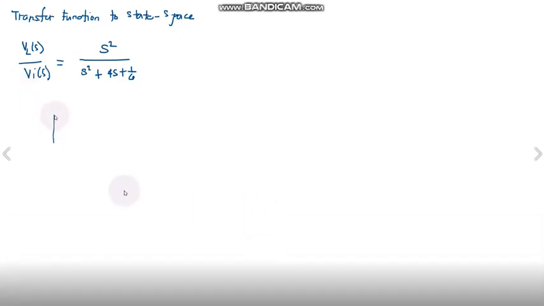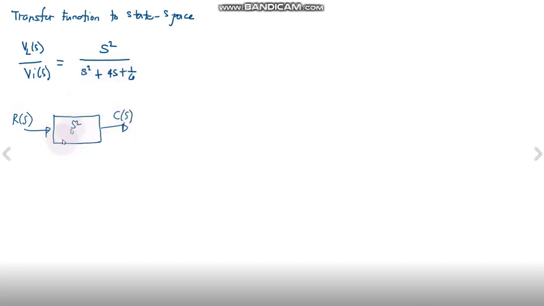Okay, so let us now discuss the conversion of the transfer function to state space. And this is the derived transfer function of the simple circuit example 1 that we are discussing.